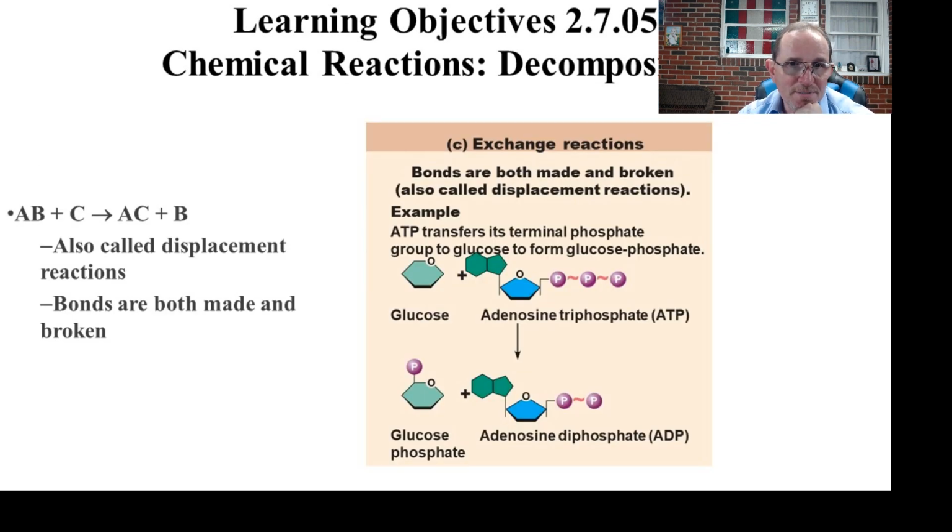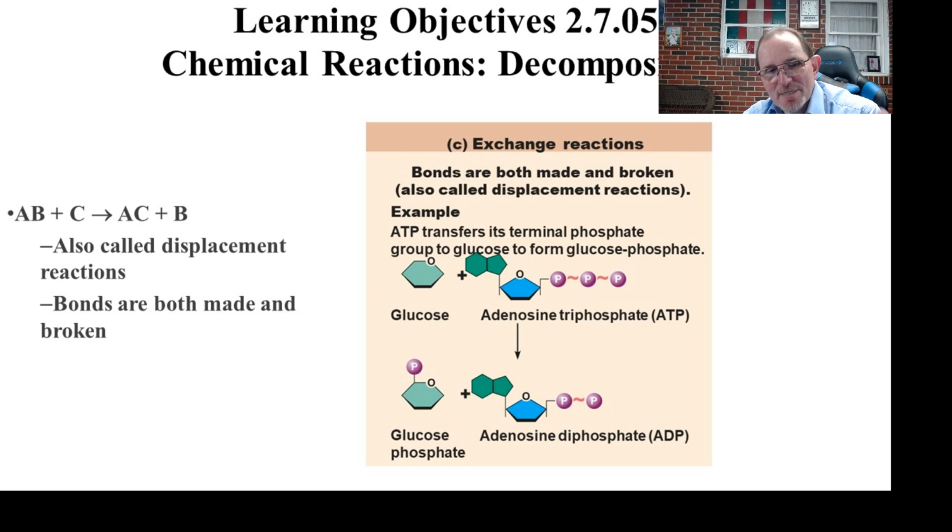And then the displacement reaction, just exchange. So as soon as we get our blood sugar, glucose, into our cells, we take one of our ATPs, and there's a phosphate group there. We attach it to that glucose. Why do we do that?